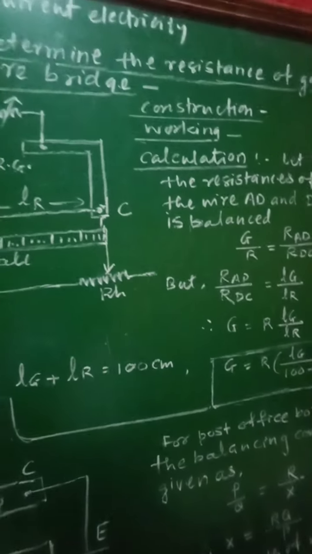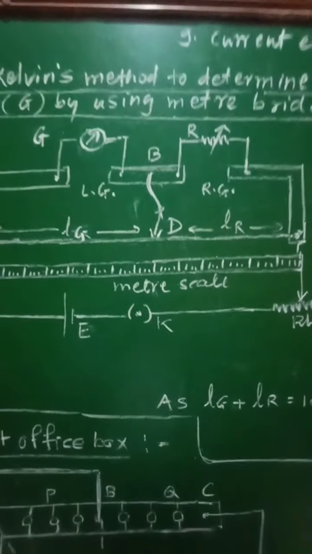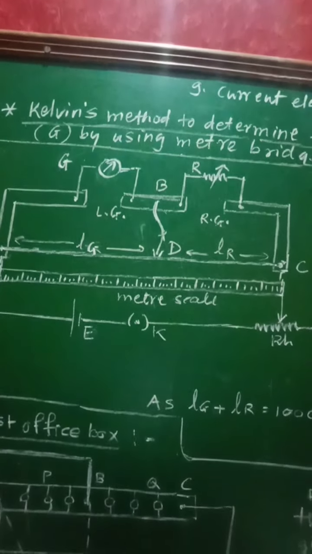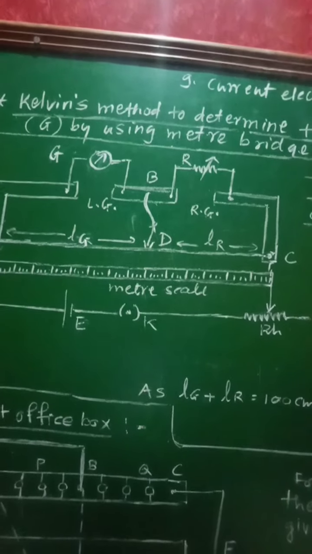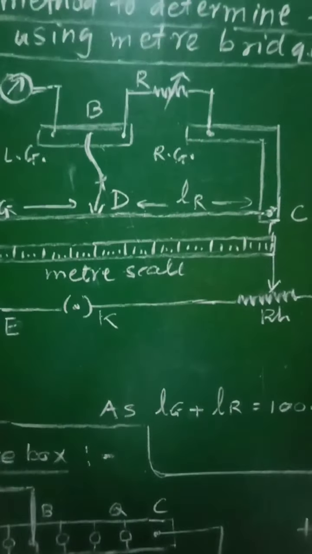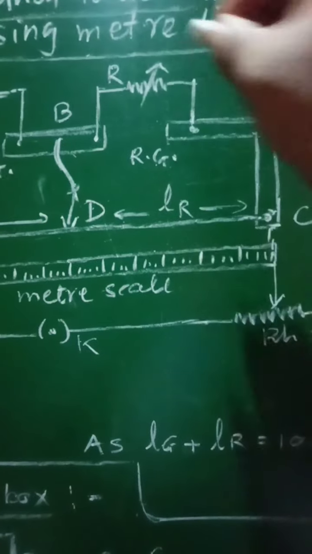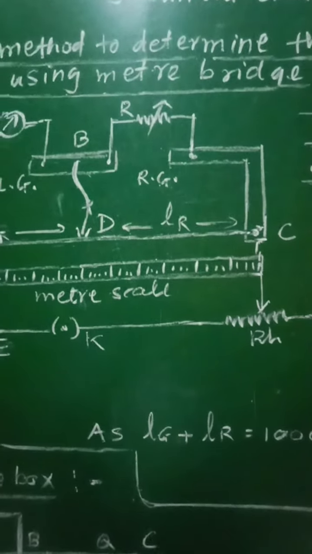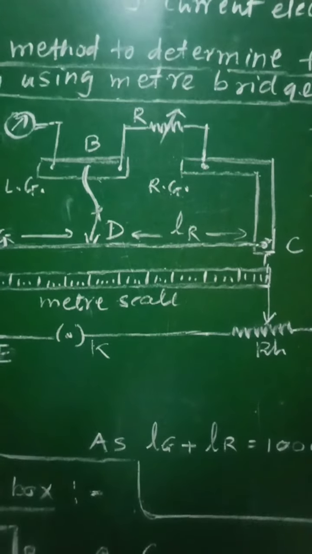So if you consider the working of this meter bridge, then in the working, a suitable resistance is taken in the resistance box R. A suitable resistance from this resistance box is taken, that is the resistance R is introduced in the circuit.